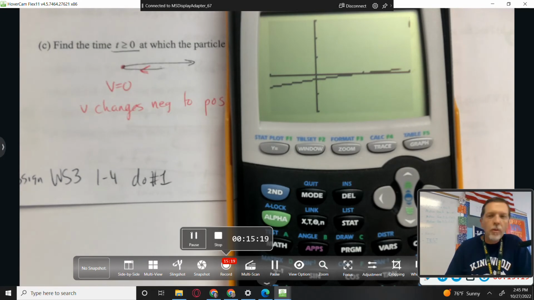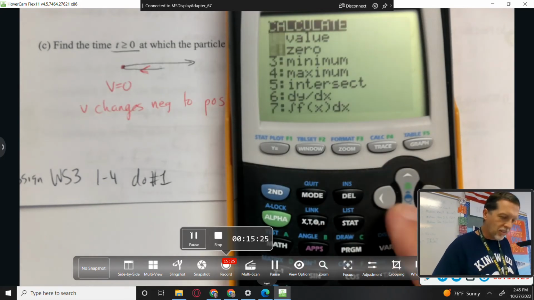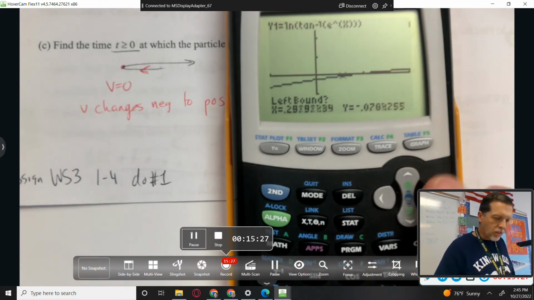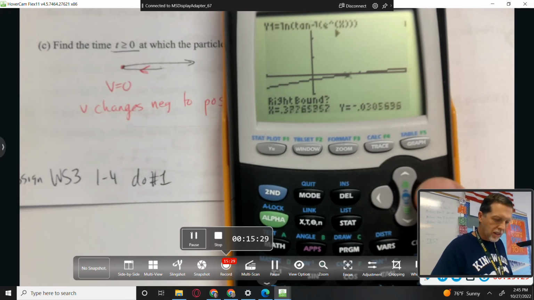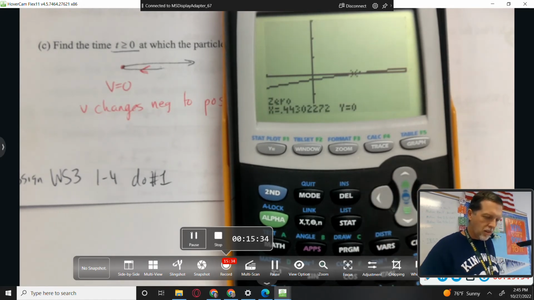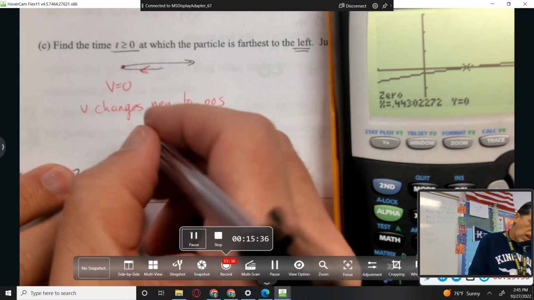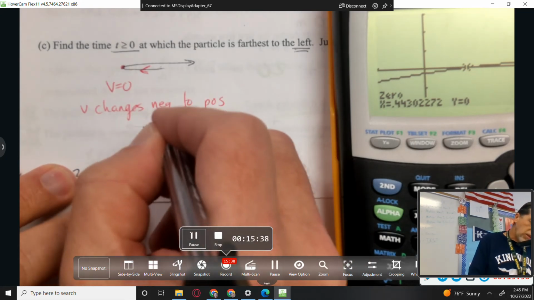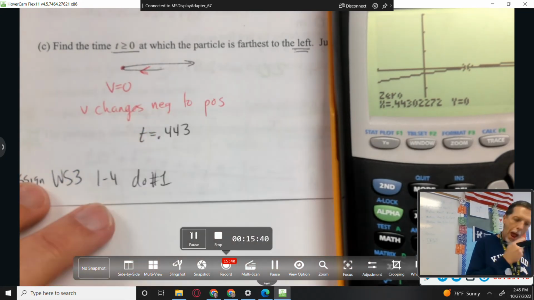So I want that 0. Do you know how to get your calculator to find a 0? Yeah, second calc, second calc 0. And then it walks you through left bound, right bound, guess. T equals 0.443.